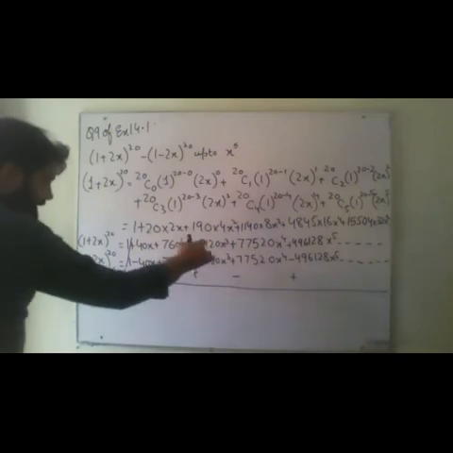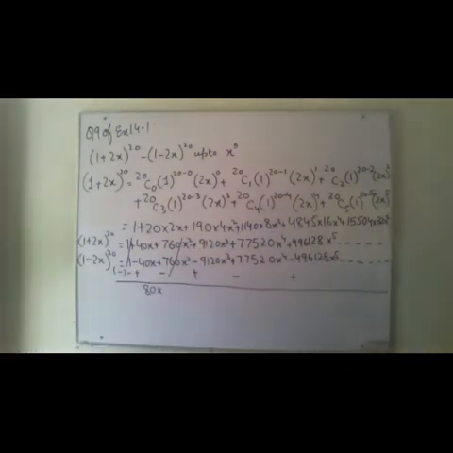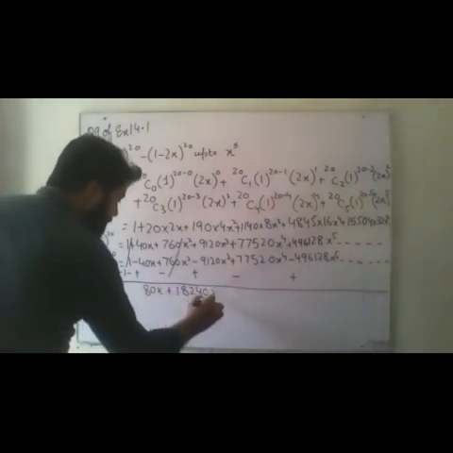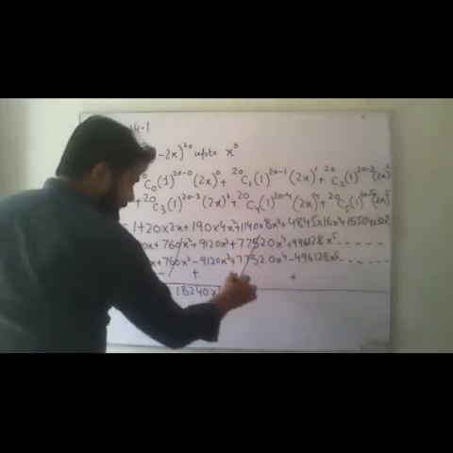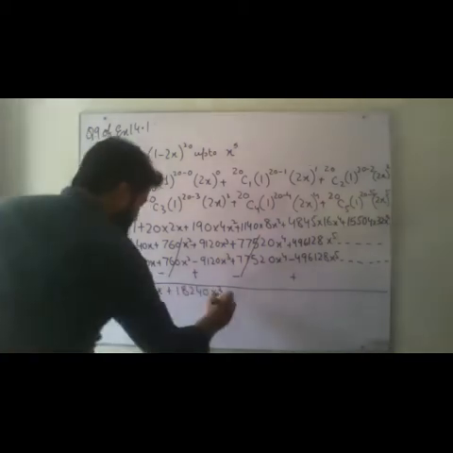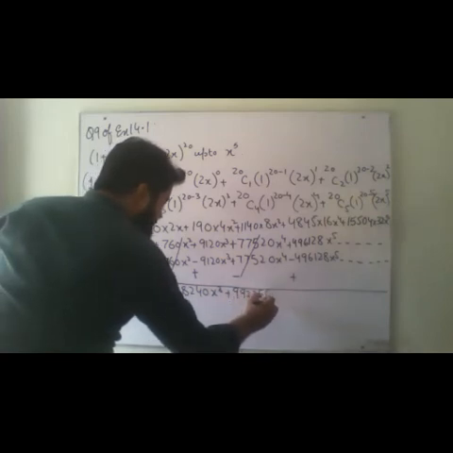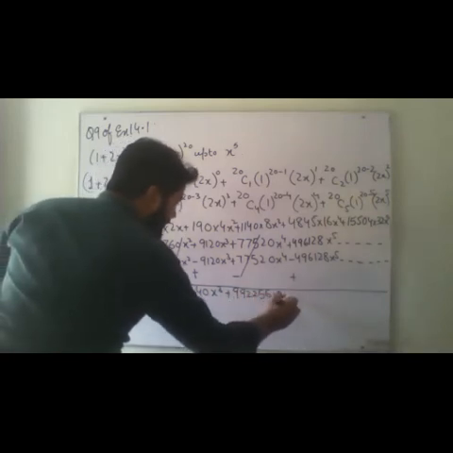These two will be cancelled, and this one will be 18240 x cube. This and this will be cancelled, and 496128 again added, and my answer is going to be 992256 x power 5 and so on.